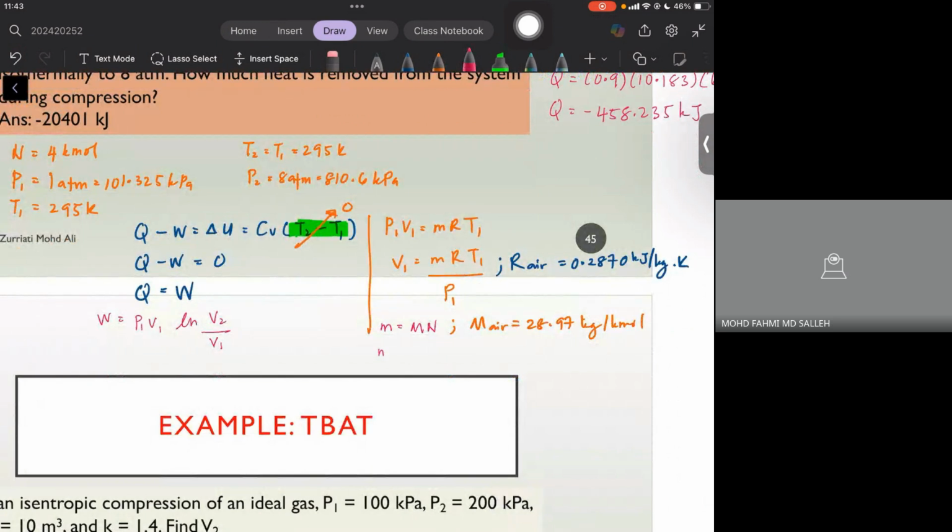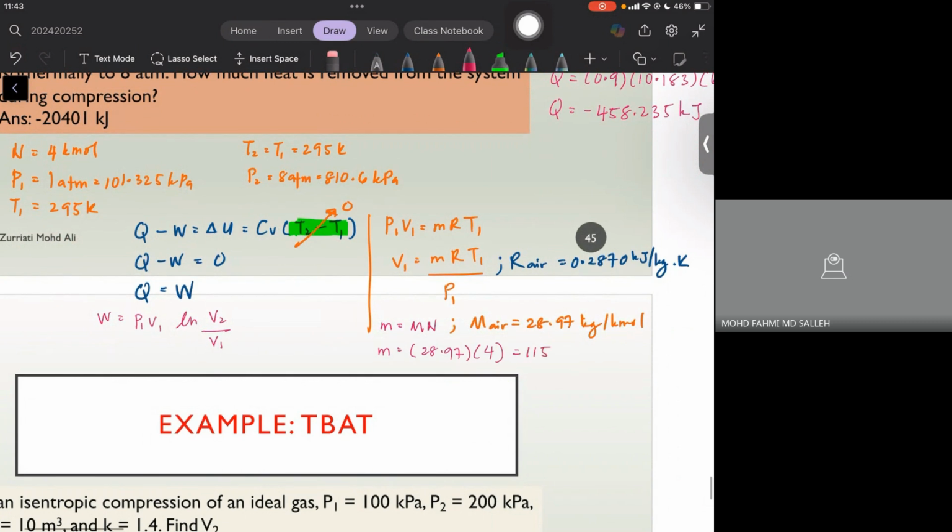So the mass equals the molar mass times the number of moles, which gives 115.88 kilogram.